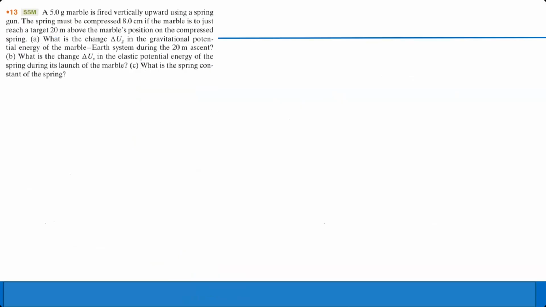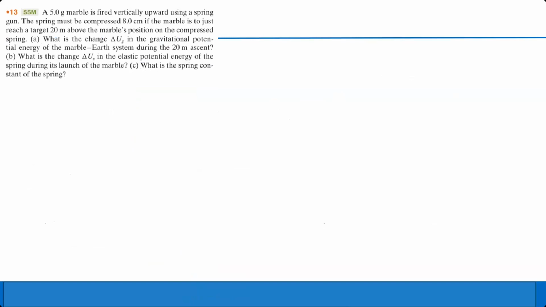A 5-gram marble is fired vertically upwards using a spring gun. The spring must be compressed by 8 centimeters if the marble is to just reach the target 20 meters above the marble's position on the compressed spring.